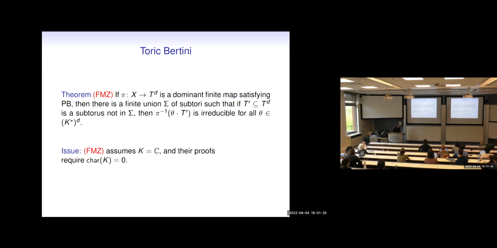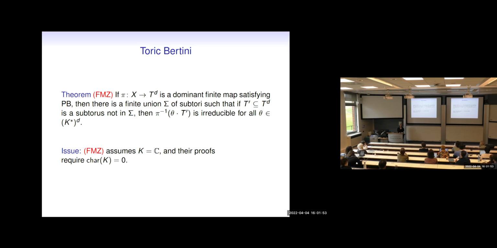There is an issue, though, from my perspective, and that's I've been leading you to think about the fact that I want to think not just about the complex numbers, but about other fields. Their paper is written over the complex numbers, and the proof really does need characteristic zero.